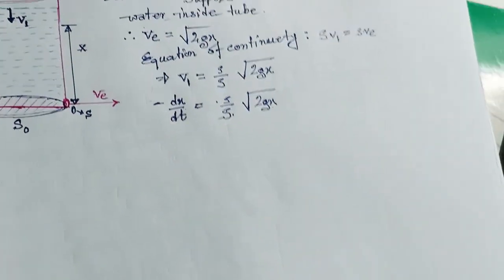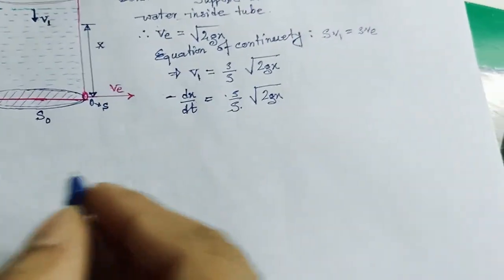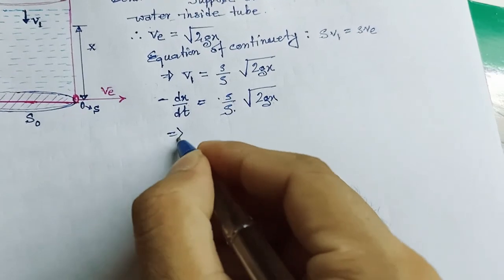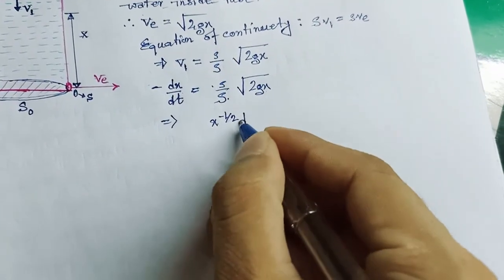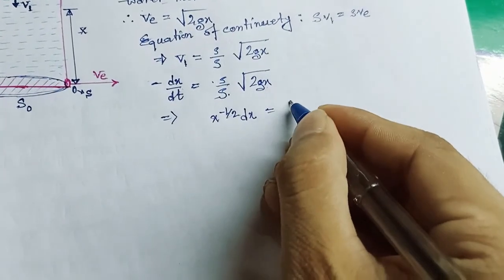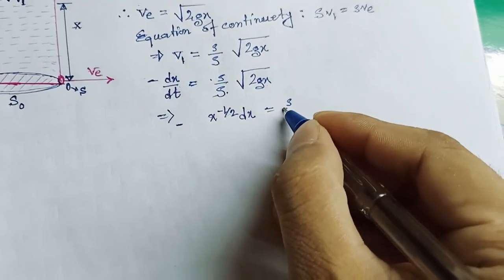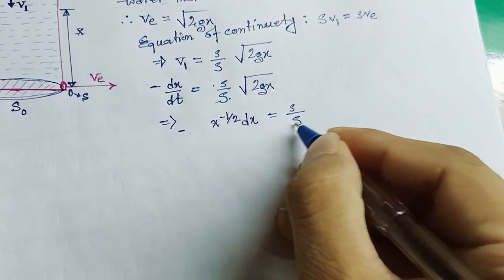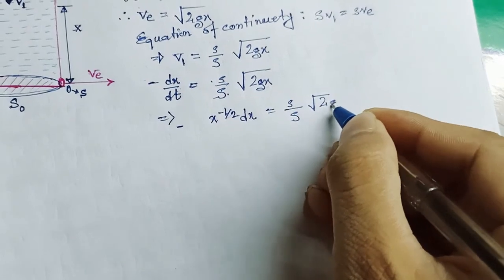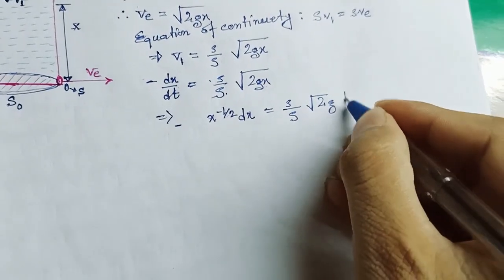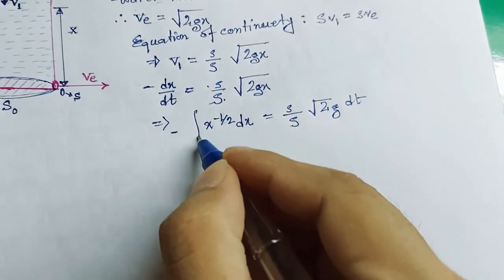Now we will arrange this equation. If we arrange this equation, then we can write x to the power minus half dx is equal to minus small s divided by capital S root 2g into dt. Now we'll integrate both sides of this equation.